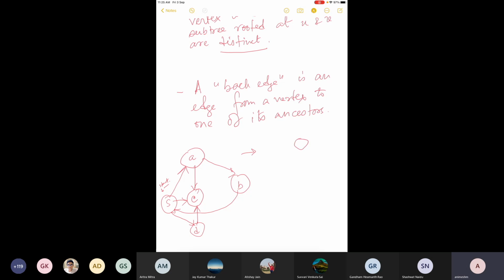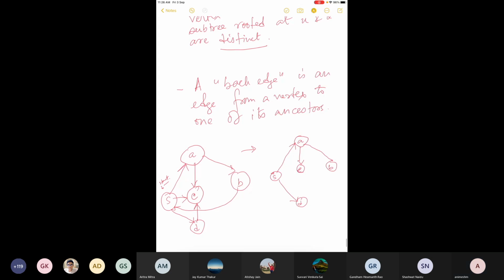So in this case, this could be one of the DFS trees, right? A possible visit sequence can result in a DFS tree like this. So here, by definition, let's start with the easiest one. What is the back edge?